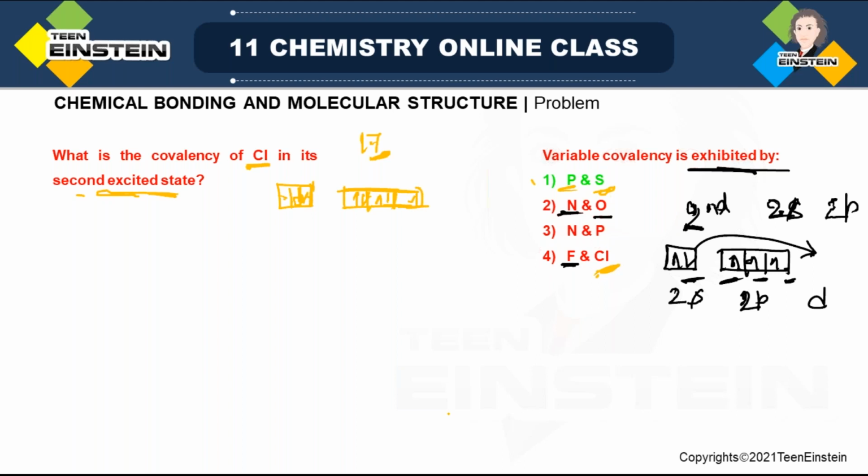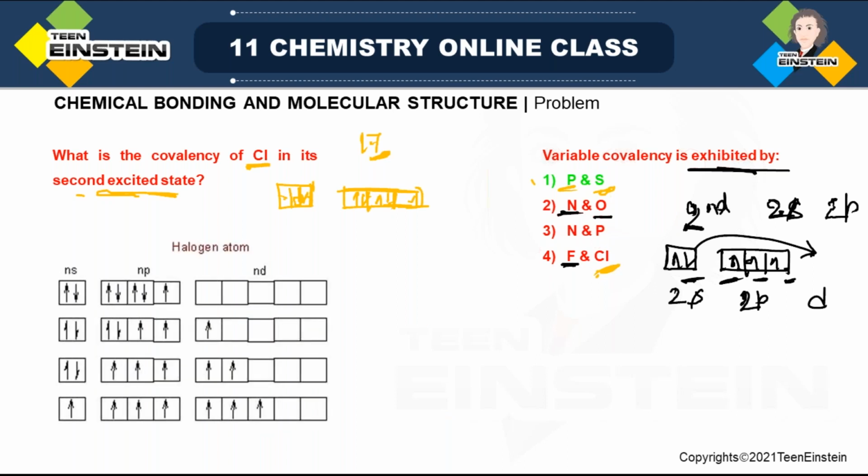Now the first excited state means you are breaking the first pair, and the second excited state means you are breaking the second pair. If we see the orbital diagram of outermost electrons, here ns and np are mentioned. This pictorial representation is not for chlorine only; it is applicable for any halogen atom of group 17, whether chlorine, bromine or iodine.